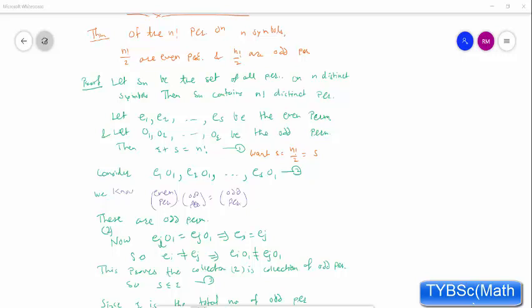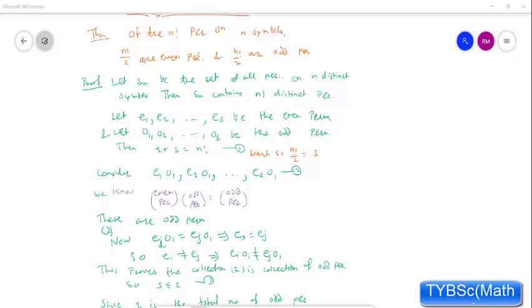So suppose there are R distinct odd permutations and S distinct even permutations. So R plus S will be n factorial, because Sn contains n factorial distinct permutations. Let us give this name, equation 1.